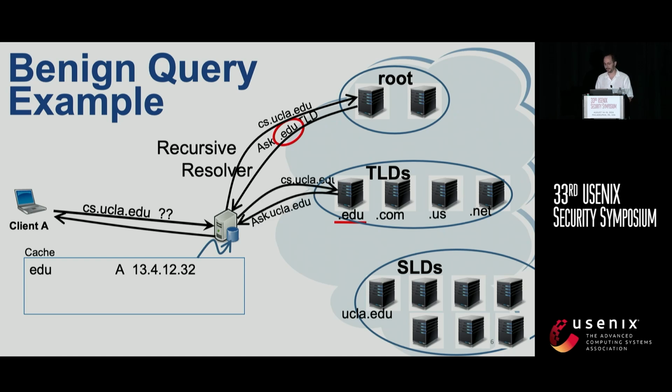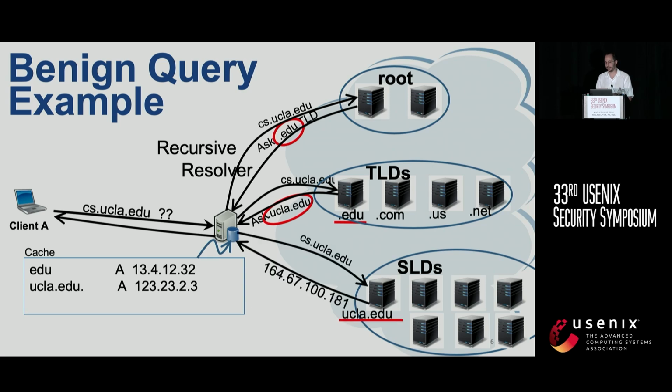Then it asks the TLDs and gets the IP of the SLDs. And finally, the SLDs answer with the correct IP of cs.ucla.edu, and the recursive resolver sends it back to the client. This is how DNS works.